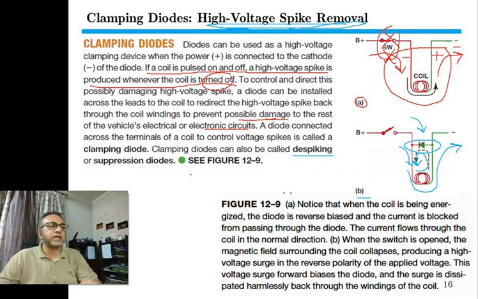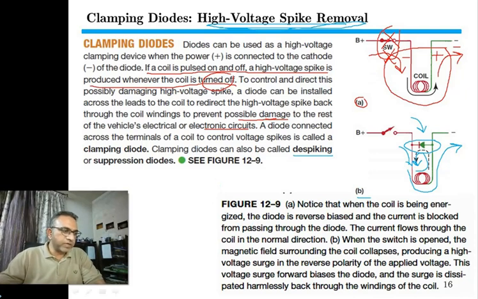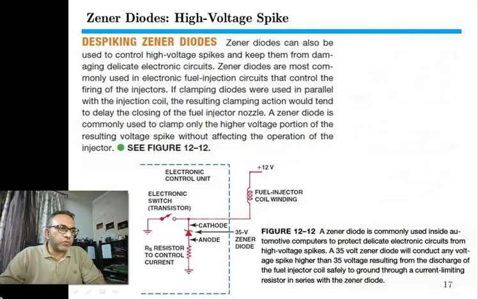However, in the next slide, we will see that we can remove the high voltage spikes by using Zener diodes also.